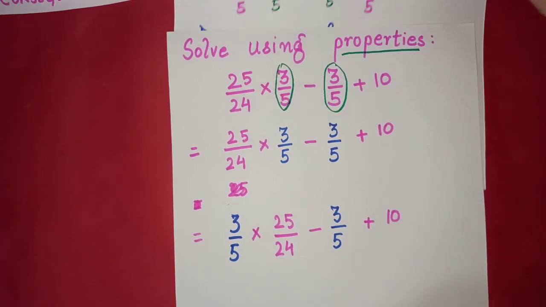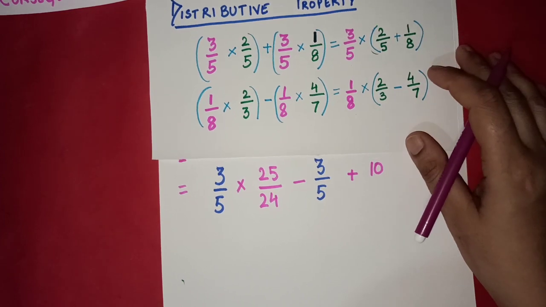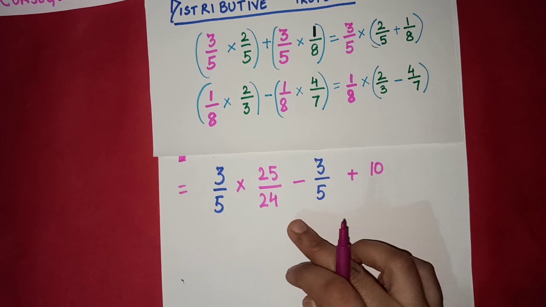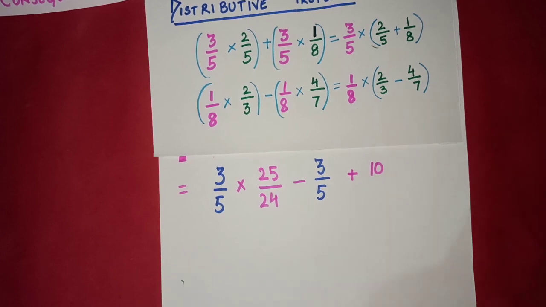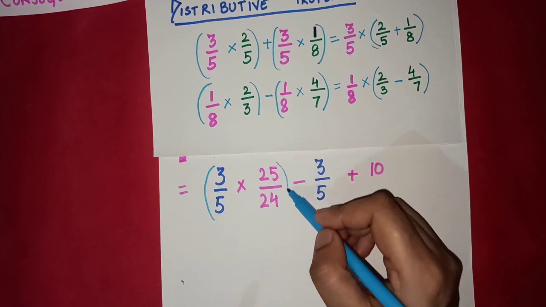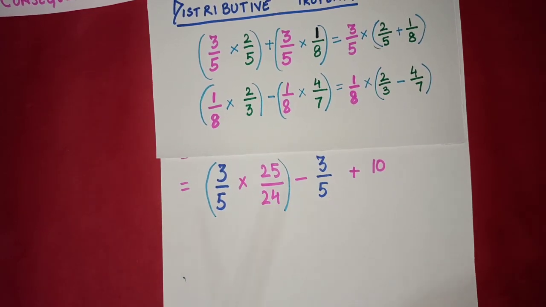Now again if I compare it with my distributive property, still the first expression is a multiplication one, but the second one is not. So what we can do, I can simply do this.